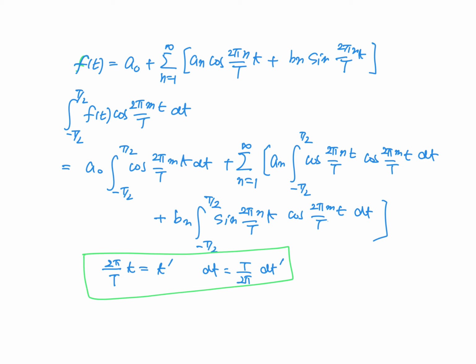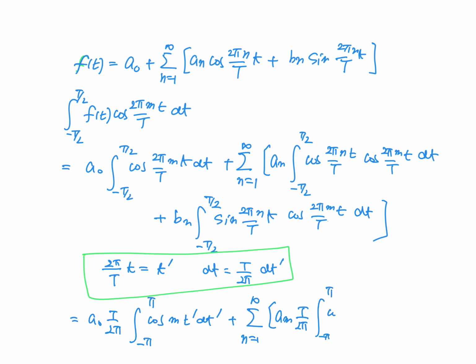So it becomes a0 over 2 times T over 2 pi times the integral from minus pi to pi of cosine m t prime dt prime, plus an times T over 2 pi times the integral from minus pi to pi of cosine n t prime cosine m t prime dt prime, plus bn times T over 2 pi times the integral from minus pi to pi of sine n t prime cosine m t prime dt prime.